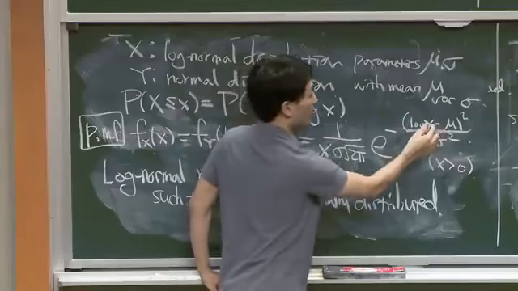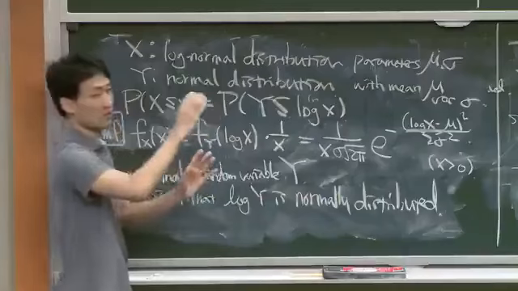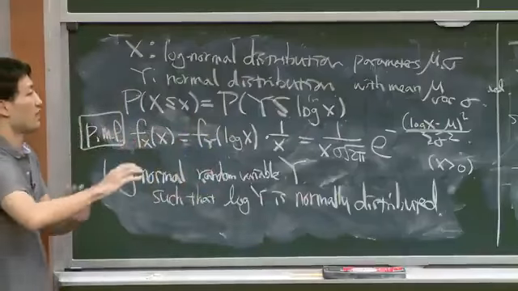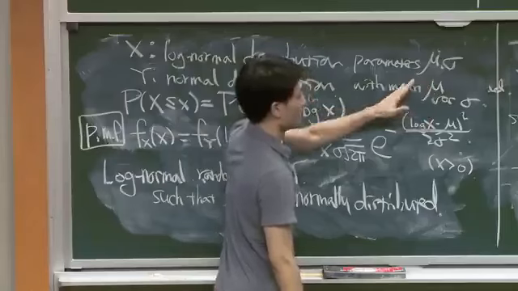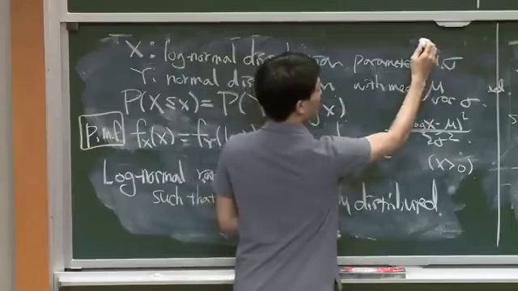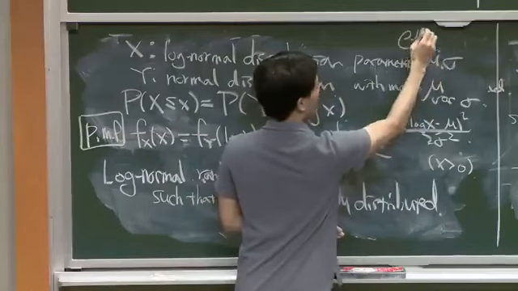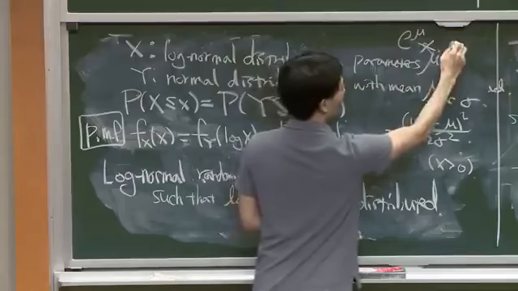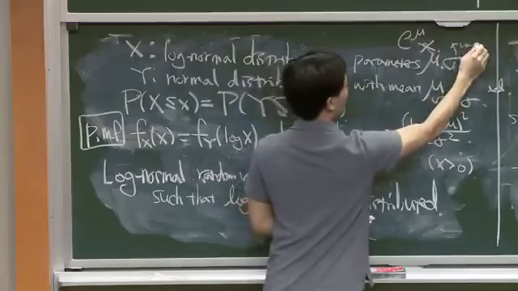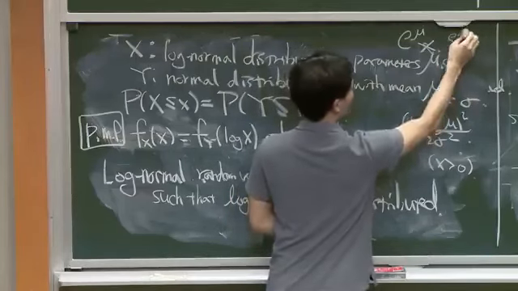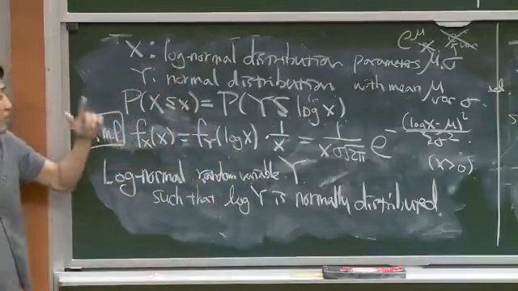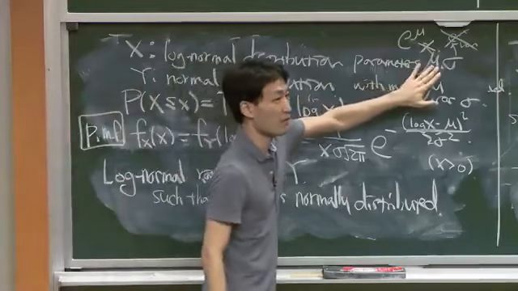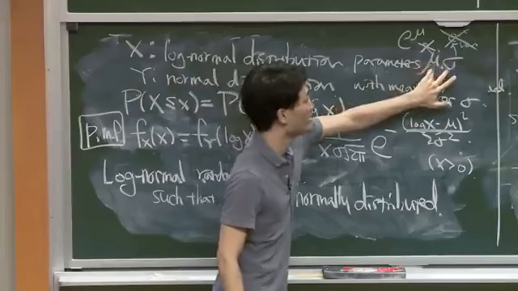Log x is centered at mu, but when you take the exponential, it becomes skewed, and when we take the average, you'll see that the mean is no longer e to the mu. That doesn't imply that the mean is e to the sigma, or that the variance is something like e to the sigma. That's just totally nonsense. Just remember, these are just parameters. It's no longer mean or variance.